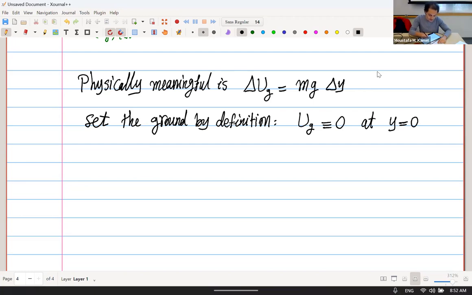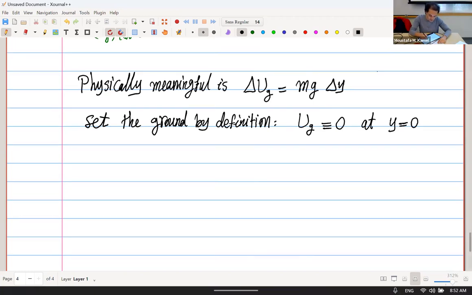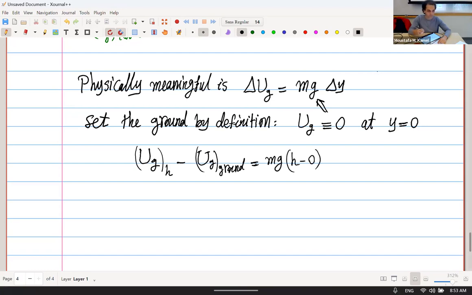So if I substitute that into the difference equation here, I will get that U_G at any point y, let's call it at height h, minus U_G at the ground equals mg times h minus 0, right?